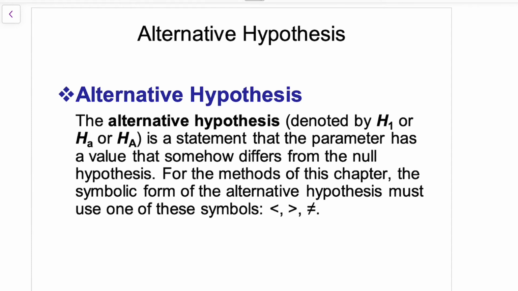The second hypothesis, or the alternative hypothesis, which we denote by H sub 1, though there are other notations such as H sub lowercase a or H sub uppercase A, but we will denote it as H sub 1, is the statement that the parameter has a value that is somehow different than the null hypothesis. The most common alternative hypothesis uses the symbols less than, greater than, or not equal to. We will build null and alternative hypotheses later.